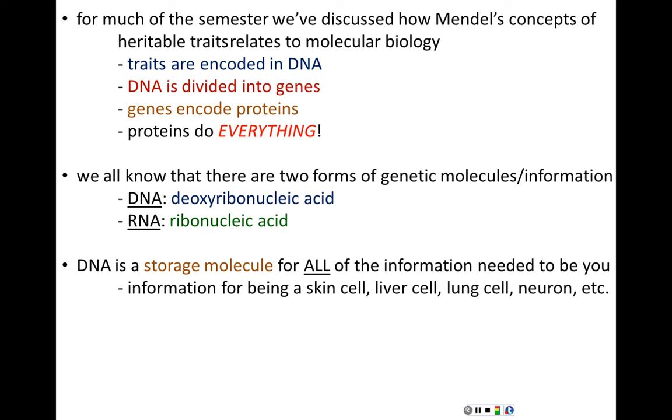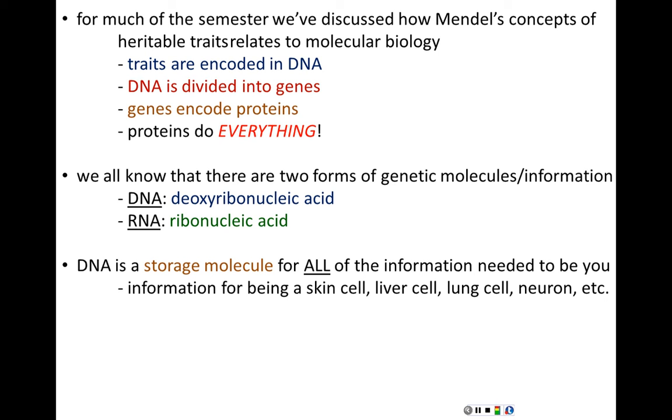The information for how to build the proteins that a liver cell needs, because liver cells need different machines, need different proteins than skin cells do, the information for building those proteins are in every single one of your cells. The information for building lung cell proteins are in every single one of your cells. So the information for how to build these proteins exists in every single one of your cells.